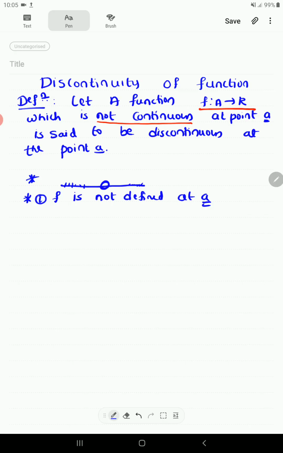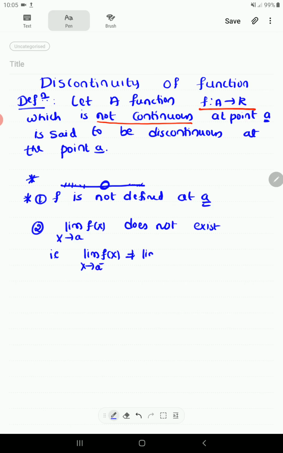The second reason may be that the limit of f of x as x tends to a does not exist. When I say the limit does not exist, it means the left hand limit and the right hand limit may not be equal, that is, x tends to a minus and x tends to a plus.